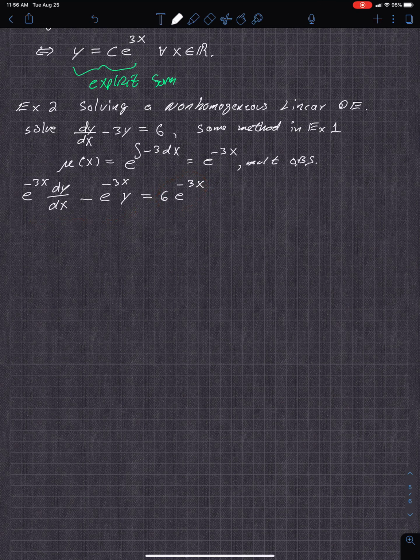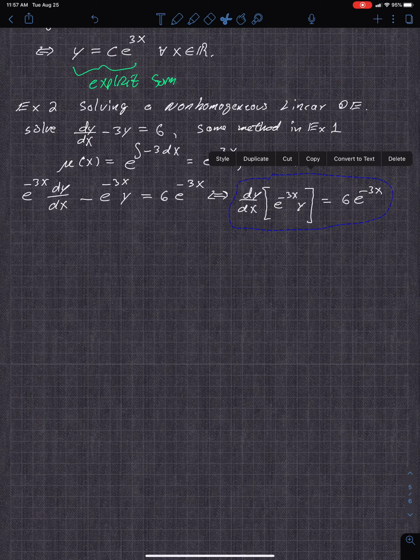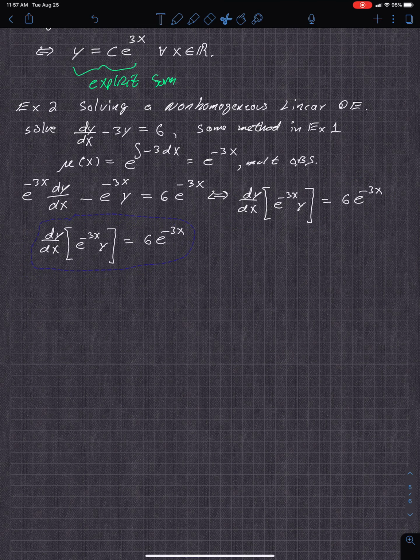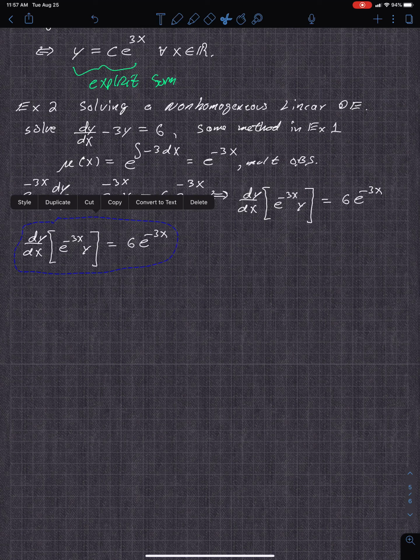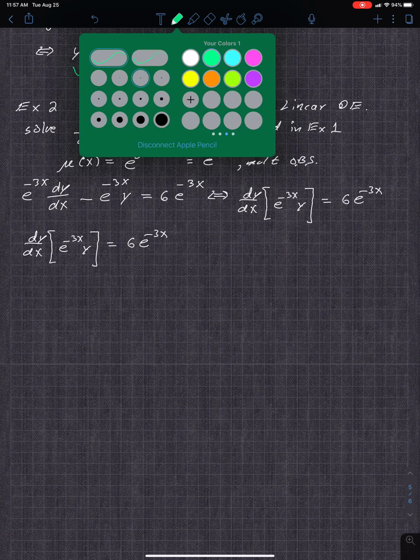That is equivalent to, or if and only if, you have, remember, the left-hand side you rewrite in this form. That's the mu y, so it's d/dx of e to the -3x y. The right-hand side is now different, so it's 6 e to the -3x. You integrate on both sides again. I'm going to show it just so you see how you integrate on both sides.